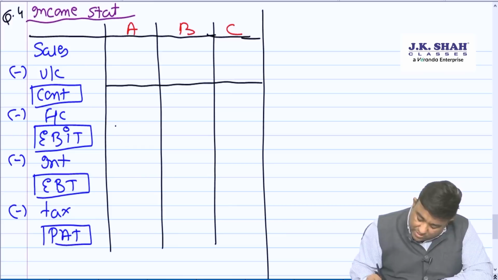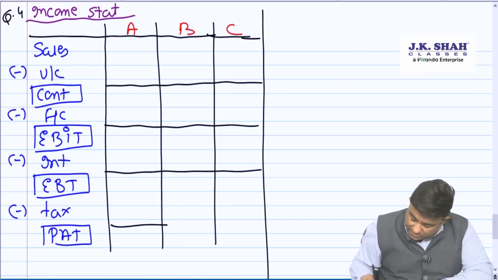So this is a very simple normal income statement.